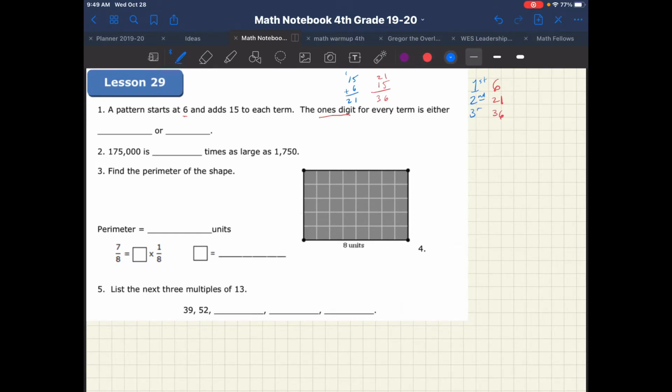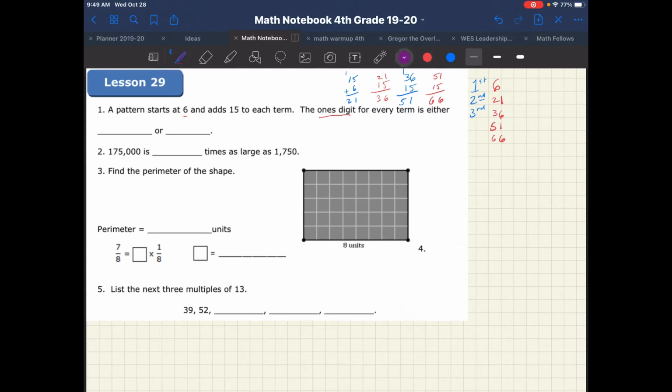So that's my third term. Okay, so let's add 15 again. 36 plus 15, 6 and 5 is 11, 51. So my fourth term is 51. I'll do one more. 51 plus 15 is 66.